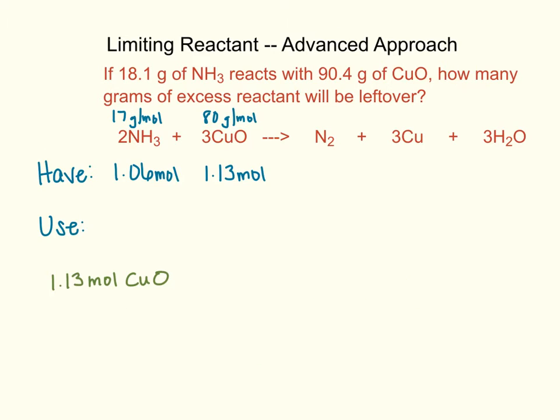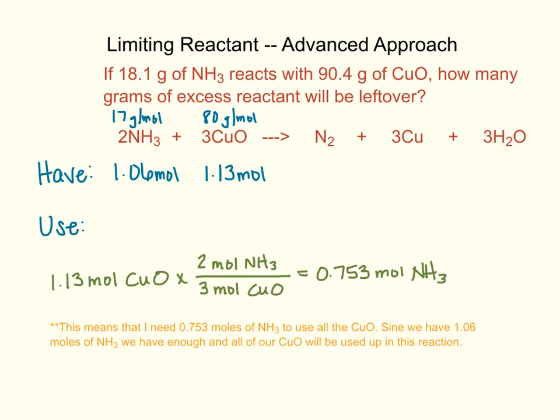But just to check, let's determine how many moles of NH3 are needed to react completely with my CuO. So when I do my stoichiometry with my mole ratio step, I find that it will take 0.753 moles of NH3 to use all 1.13 moles of CuO.